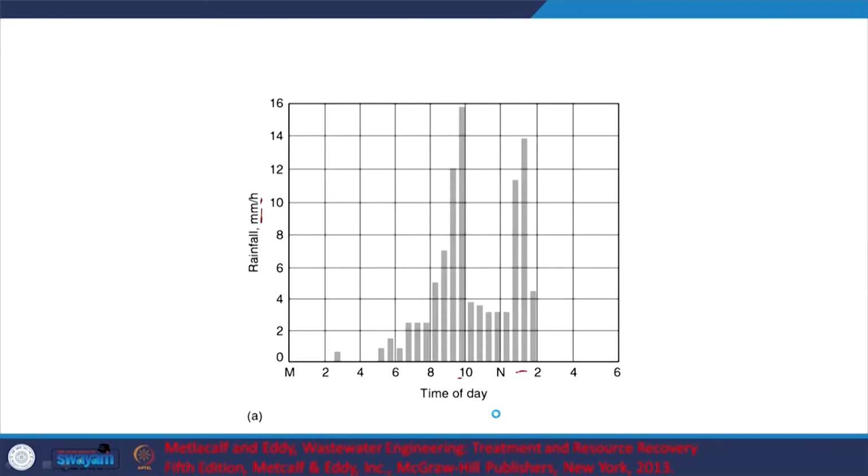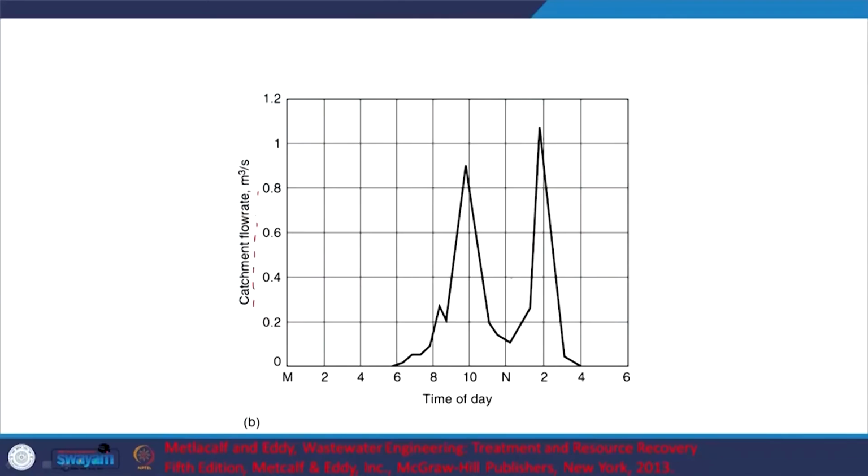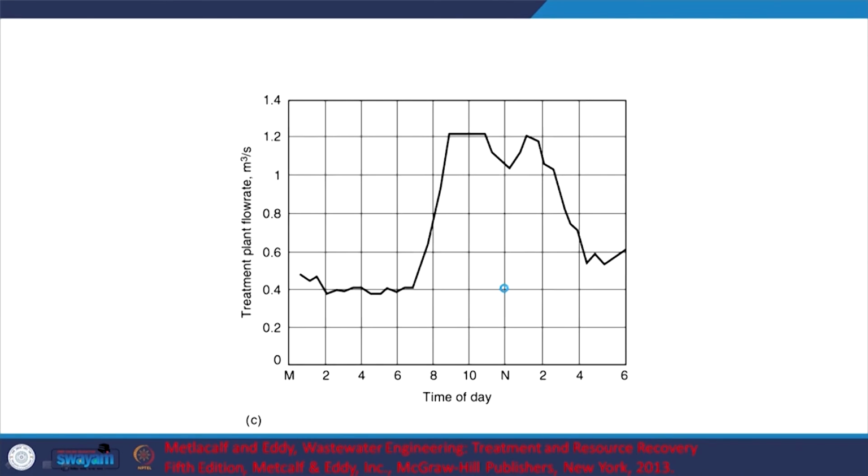The time scale is the same, please note that. A more or less similar profile means that the time for flow is relatively less. So that's one thing to keep in mind. In other cases, the time will typically be higher, but for the same catchment area, at the wastewater treatment plant you see that the peaks are averaged out.